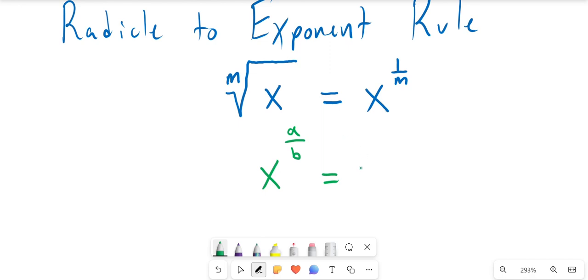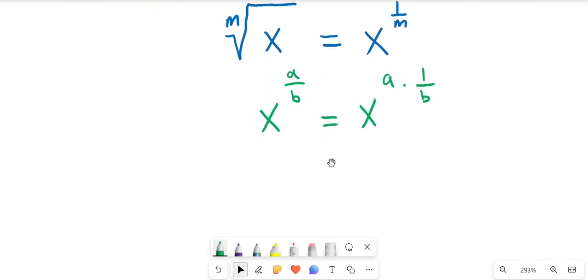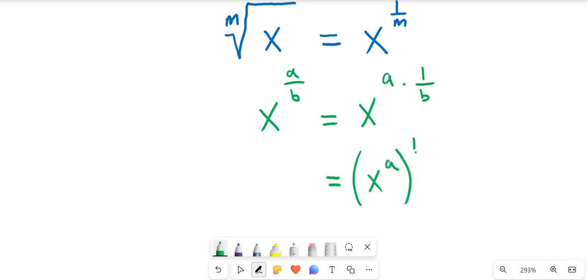Well, this would be the same thing as x to the a times 1 over b, right? We talked about that, how you can break up a fraction into its numerator and denominator, 1 over the denominator, and write them as multiplication. But we also know about how multiplication relates to exponents. This is x to the a to the power of 1 over b. Right?